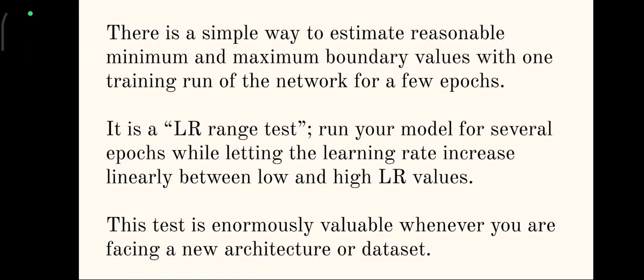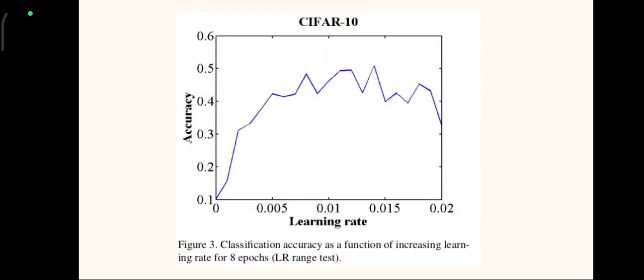This test is enormously valuable whenever you are facing a new architecture or dataset. As you can see in this picture, we are using different learning rates that are linearly increasing. For instance, we could choose our learning rates between these two boundaries because this gives us a high accuracy.